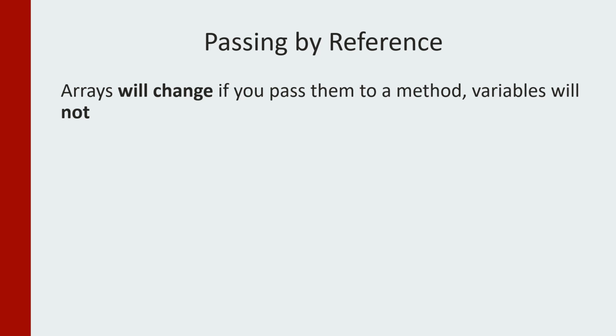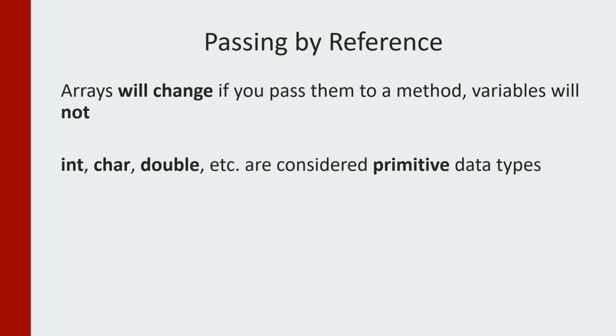This slide is the last one for this video, and it just summarizes some implications about passing by reference. So let's talk about what this means. Arrays will change if you pass them to a method, whereas variables will not. Things like int, char, and double are primitive data types, and so they are passed by value.